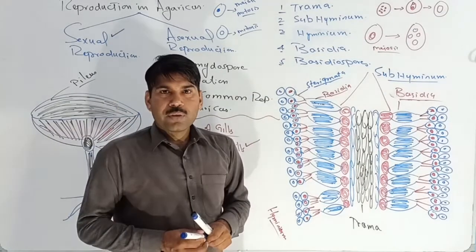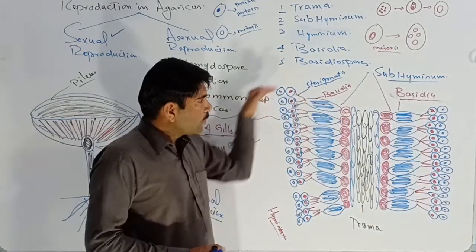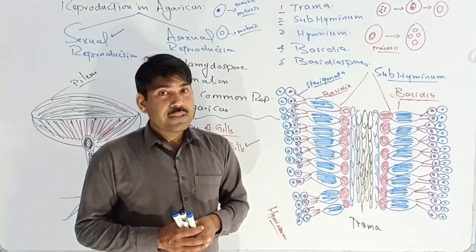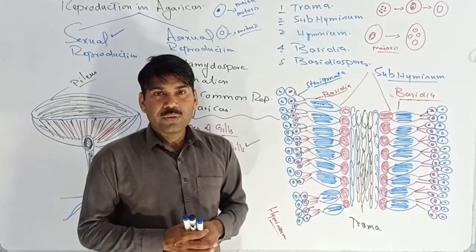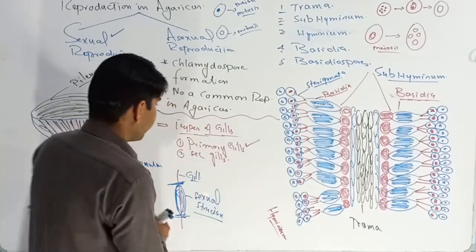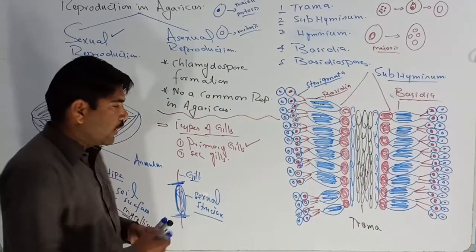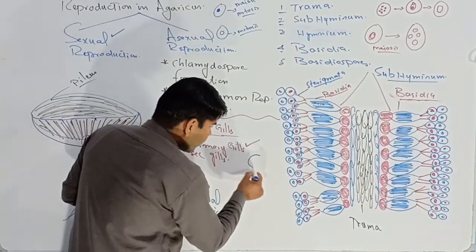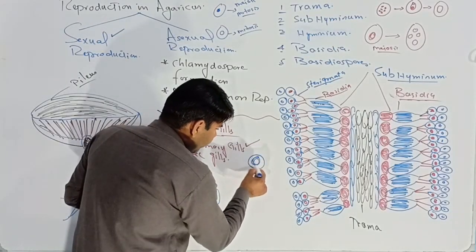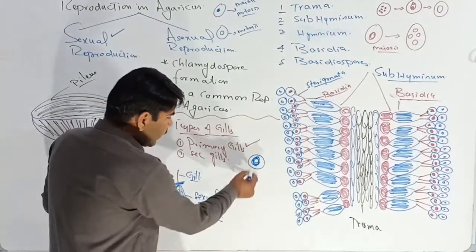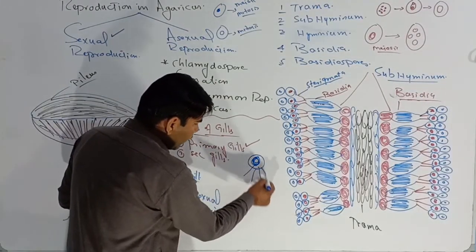So these basidiospores are produced. Next, after the formation of these basidiospores, there is a process known as germination of the basidiospores. Now we are going to discuss how these basidiospores germinate. For example, this one is a basidiospore, a haploid basidiospore. It will germinate and produce many hyphae.